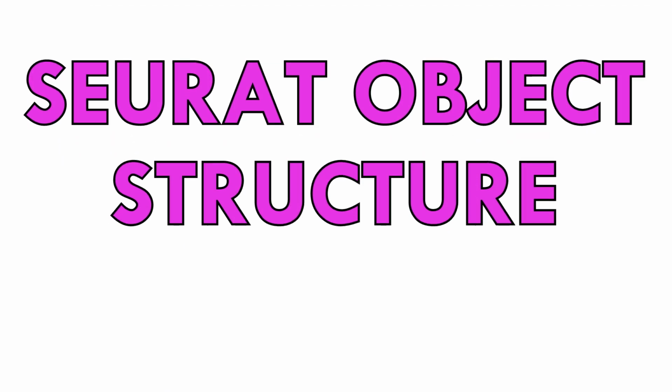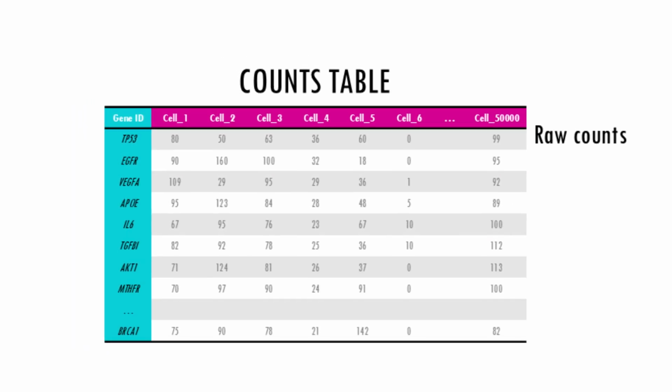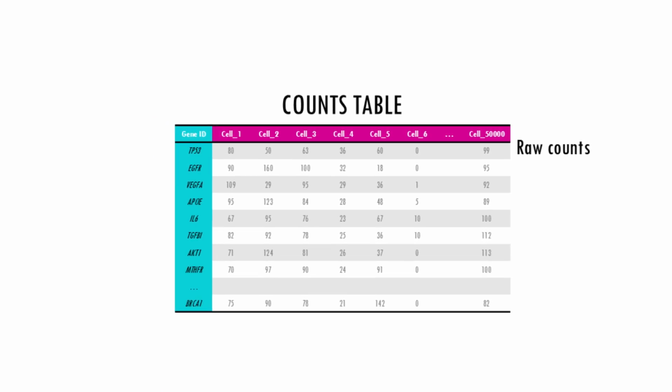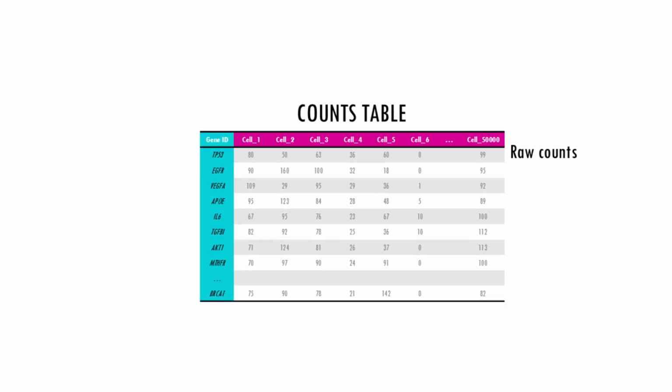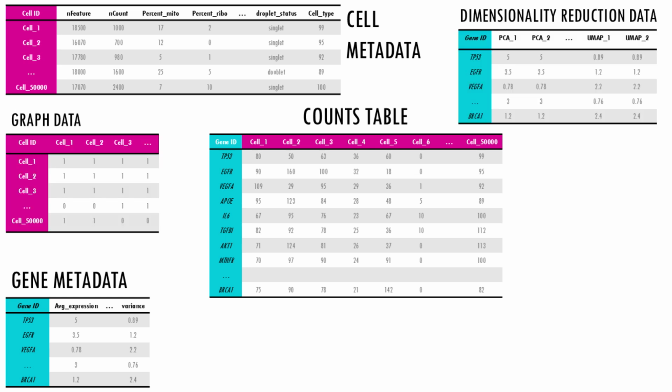So let's start with the structure of an SRA object. If we talk about single-cell RNA-seq data, we're essentially talking about a table of counts. The rows are genes and the columns are cells. We can then have metadata, which are annotations about the cells or the genes, and then we can have more complex data like reductions such as PCA, UMAP or t-SNE, which reduce the complexity of our dataset to lower dimensions.